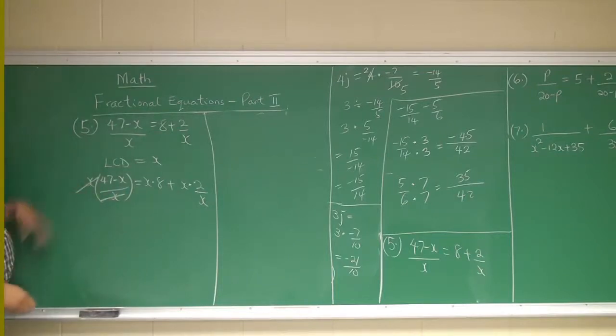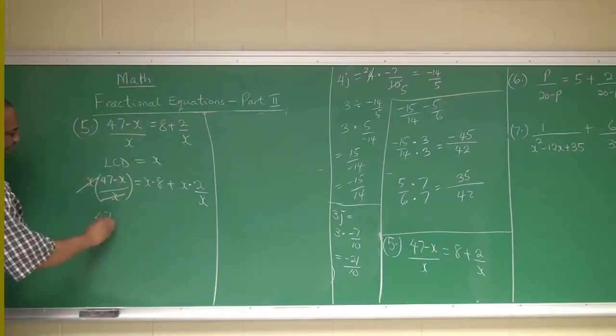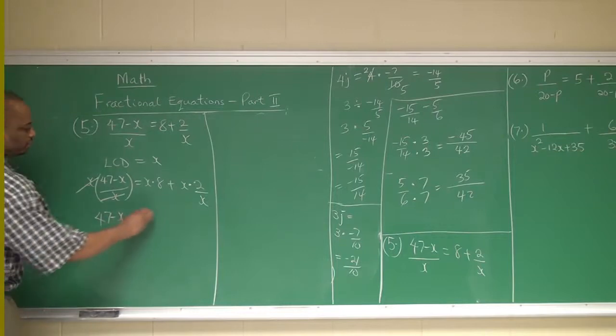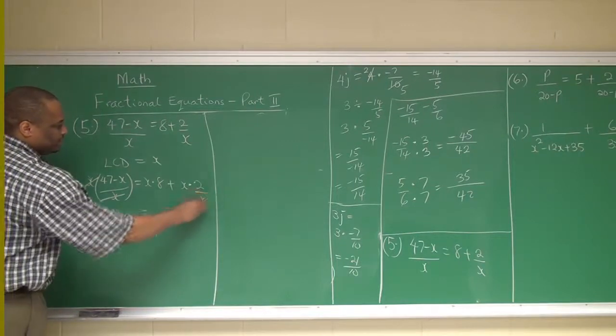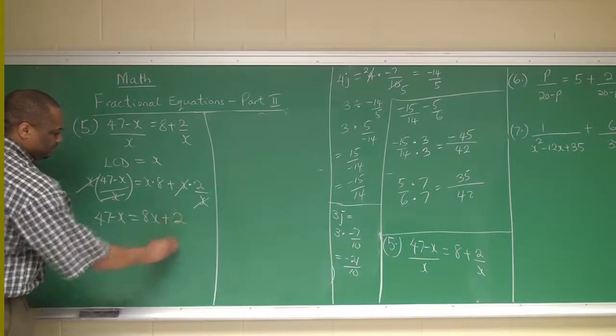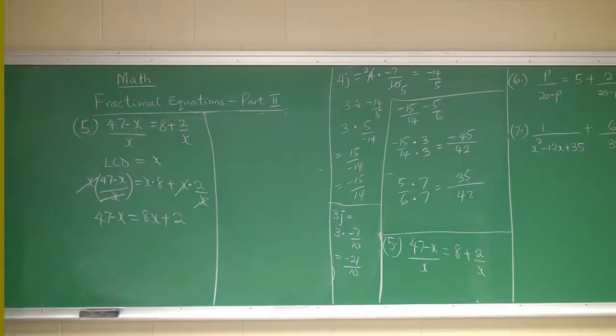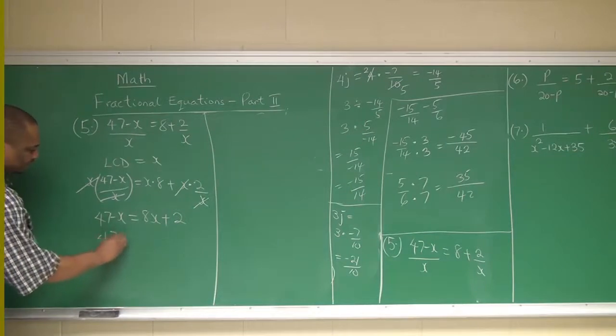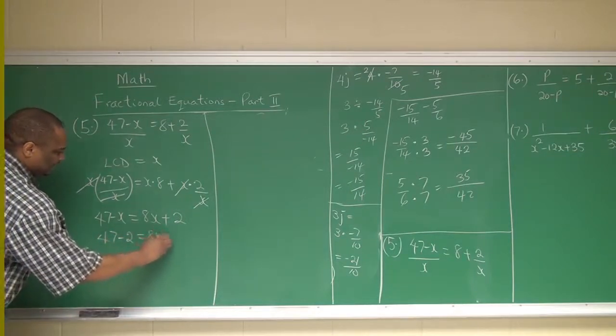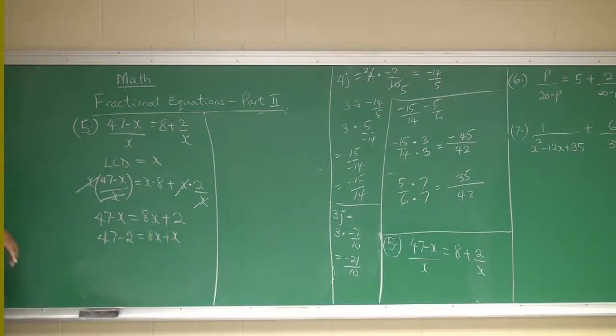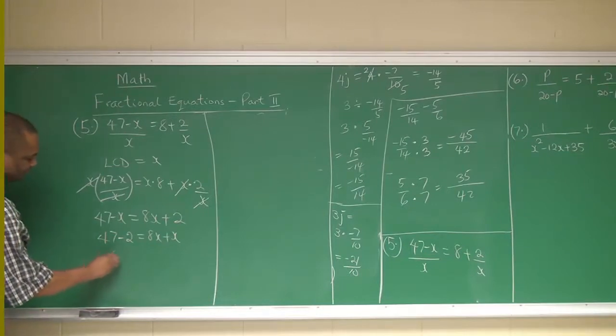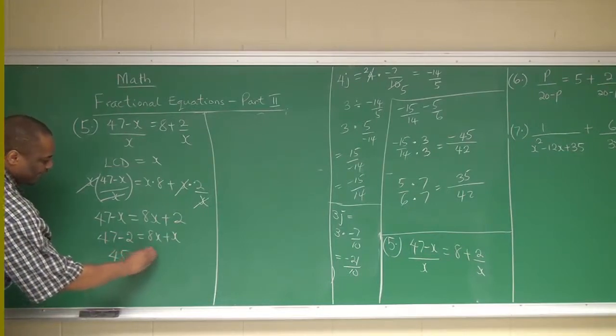x divided by x, gone. So we have 47 minus x equal to 8x plus x divided by x, 8x plus 2. Okay, so this comes here, this comes here. 47 minus 2 will be 8x plus x. Okay, so we have that 45 is equal to 9x.